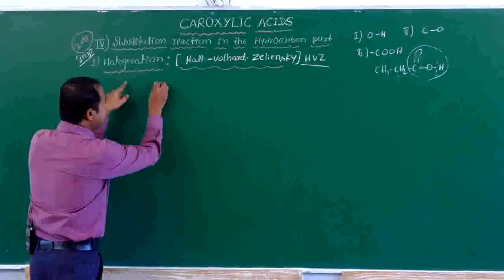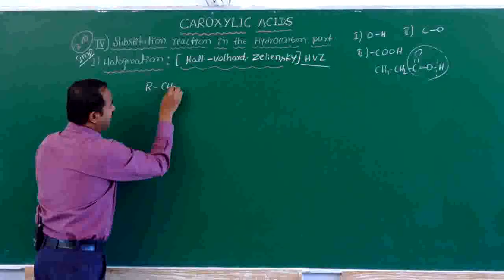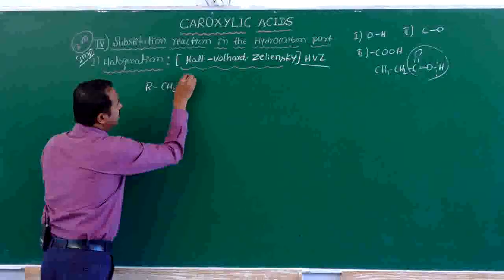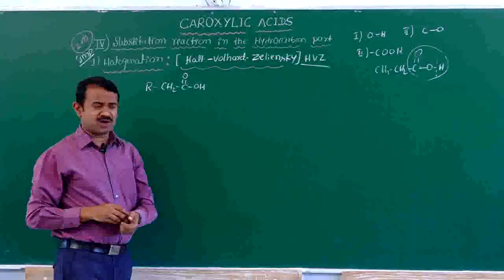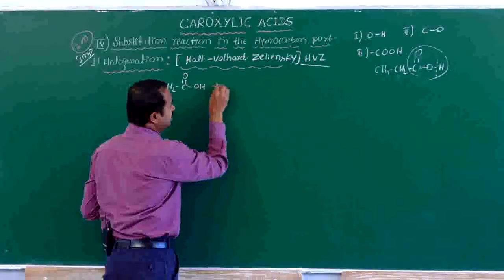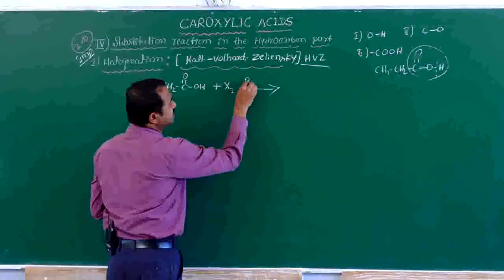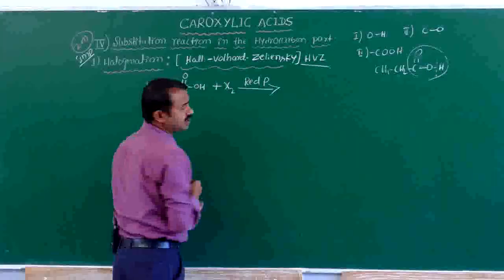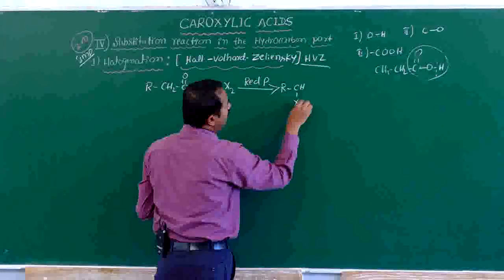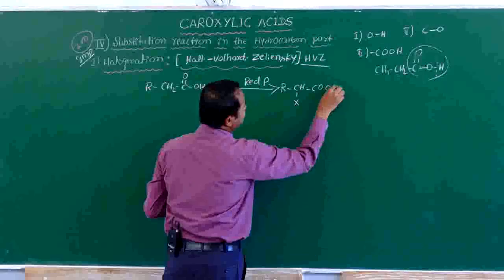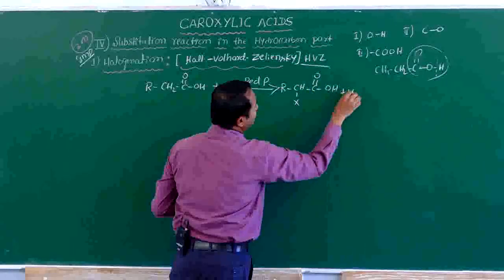Okay, I will write the reaction. The general formula of carboxylic acid is RCH2COOH. When the carboxylic acid reacts with halogen in the presence of red phosphorus, it forms alpha halo carboxylic acid.